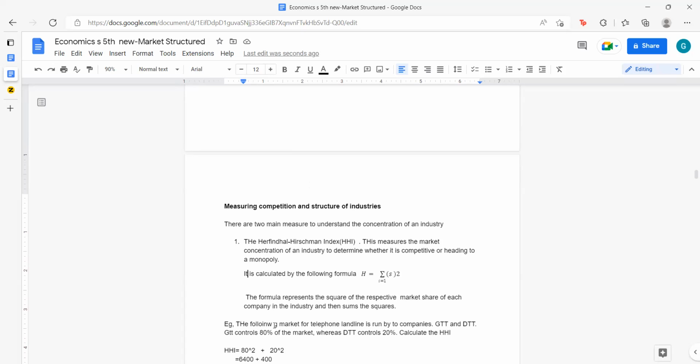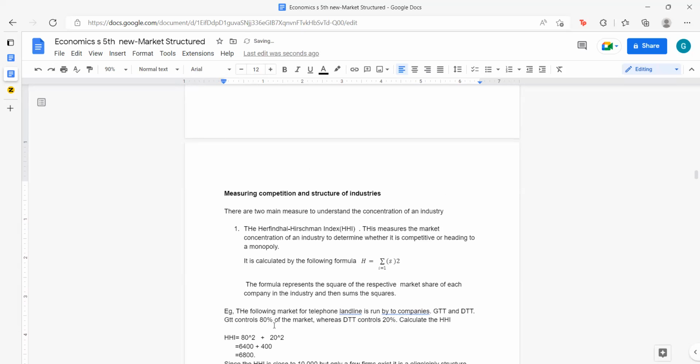Looking at this example we have here, it will highlight what I mean. The following market for telephone landline is run by two companies. I'm just making this up. Let's say these two companies are called GT&T and DT&T. GT&T controls 80% of the market and DT&T controls 20%.